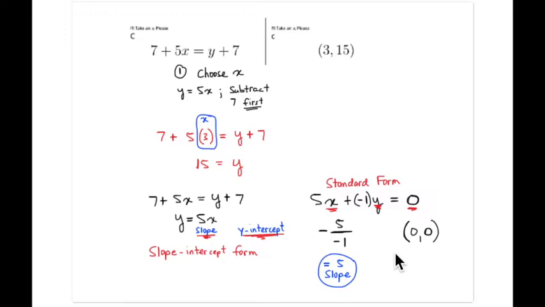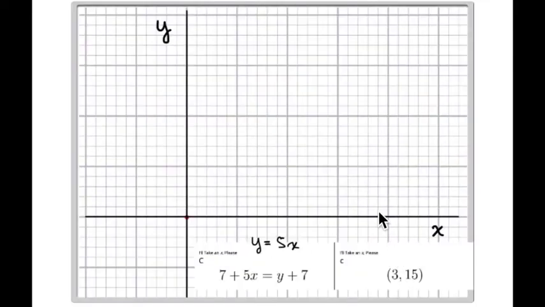So to graph these, this is the slope-intercept form of the equation, and you know that one point is (3, 15), and you know that the y-intercept is the origin. It's right here, 0, 0. So then a slope of 5 means that for every increase in x along the x-axis, there's an increase of 5 along the y-axis.